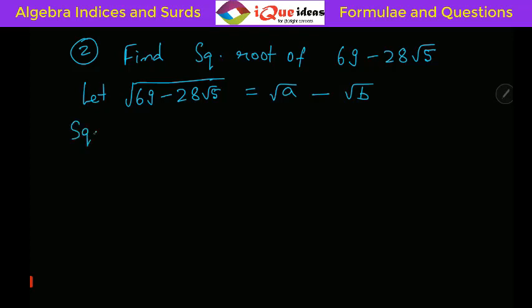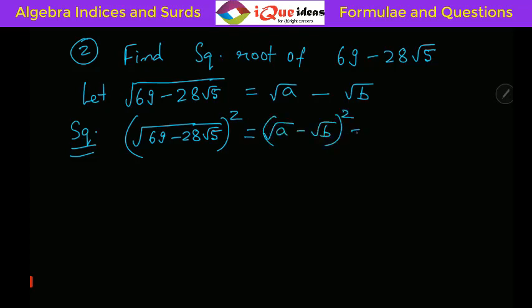Now square on both sides. When you square, you will get root of 69 minus 28 root 5 whole square equal to root A minus root B whole square. So this will give us A plus B minus 2 root AB. And this side we have 69 minus 28 root 5 equal to A plus B minus 2 root AB.